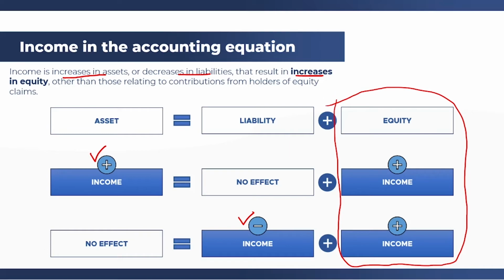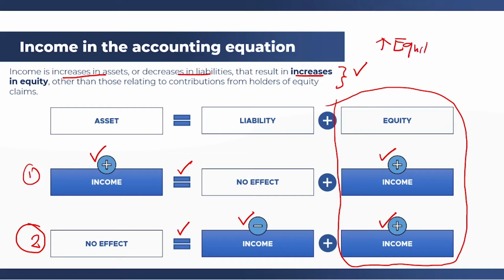So if you fit the definition of income as per the conceptual framework right here into the accounting equation, they result in movements in assets and liabilities that both increase equity while maintaining the balance of the accounting equation. So income increases equity in general.